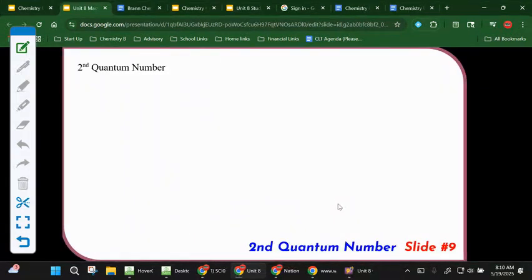Okay? The second quantum number, ladies and gentlemen, is the energy sublevel. It is called the type of orbitals. It is also known as the subsidiary number. It is known as the subsidiary number, ladies and gentlemen. Okay? Now, just like the principal quantum number can only have values from 1 to 7, there are only so many sublevels in each energy level.